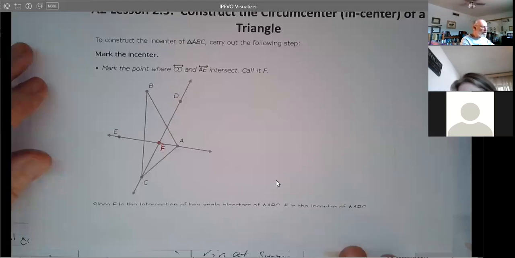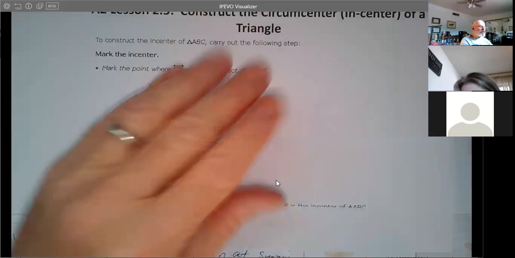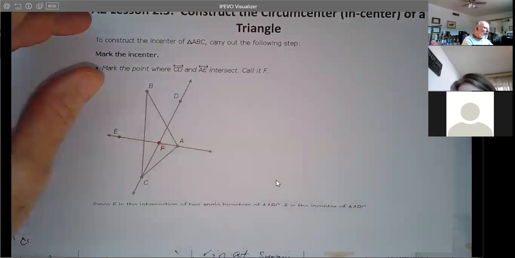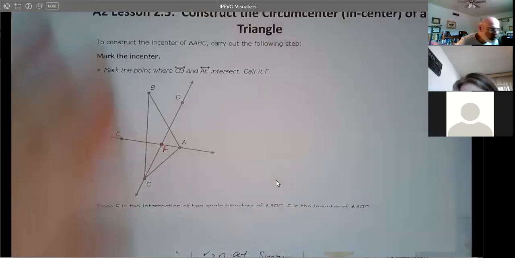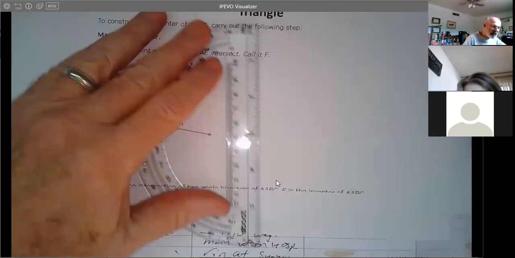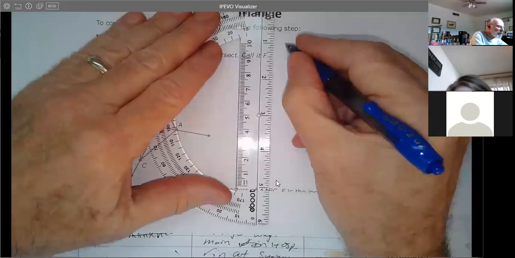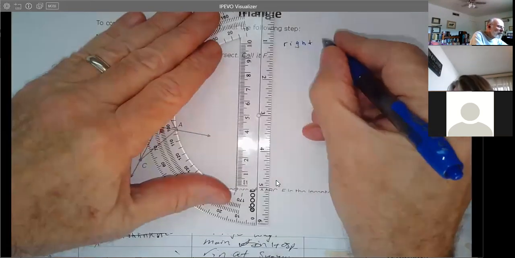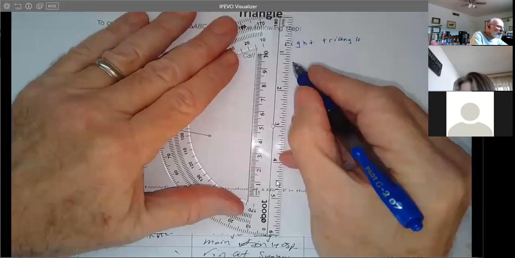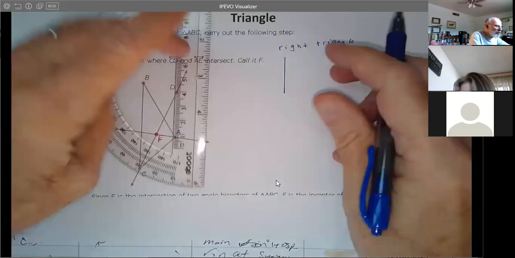All right, so now that I've told you this, you're going to find different types of triangles. So let's just say you've got a right triangle. Let's see if I can draw a right triangle here. So here's a right triangle. I'm going to draw a line here.